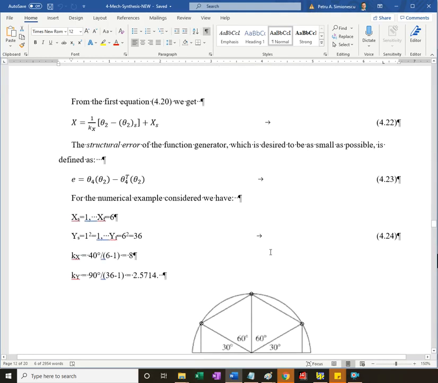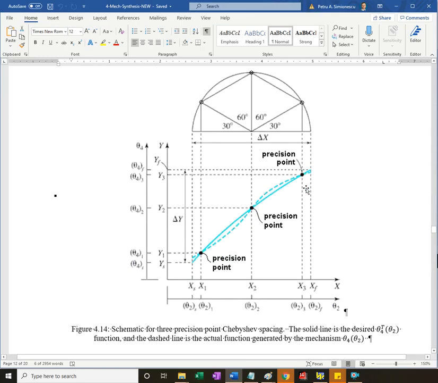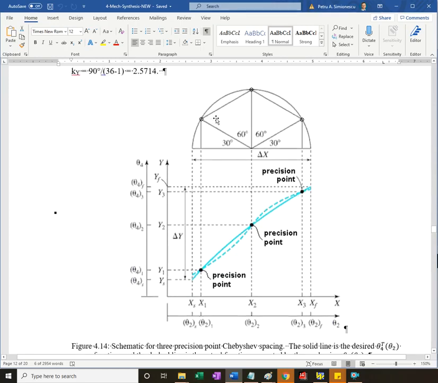So that's one step, and then it is a matter of placing the precision points. And instead of having the end points and the middle, you have the middle, yes, but then the other 2 points would be obtained using Chebyshev spacings, like in the Chebyshev polynomial. And for 3 points you get it like so. You inscribe a hexagon, and this is where the first precision point is, second precision point, third.